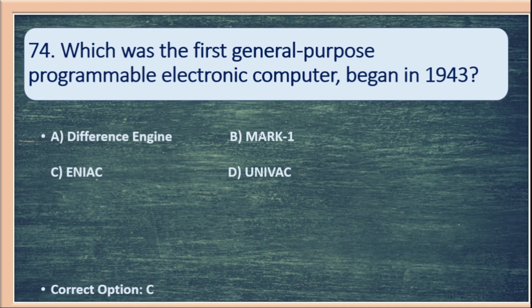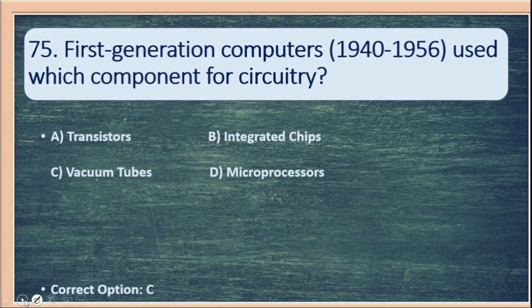Defense engine, Mark 1, ENIAC, UNIVAC. Answer is C, ENIAC. First generation computers used which component for a circuit? Transistor, integrated chip, vacuum tube, microprocessor. Answer is C, vacuum tube.